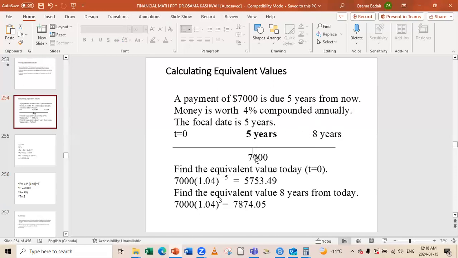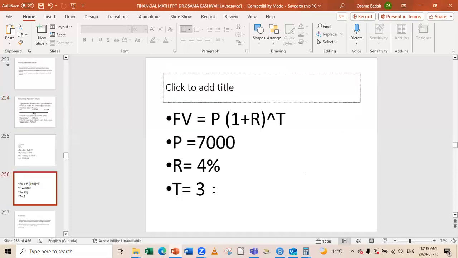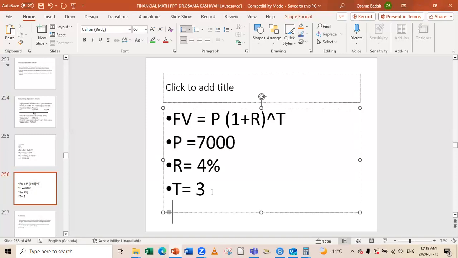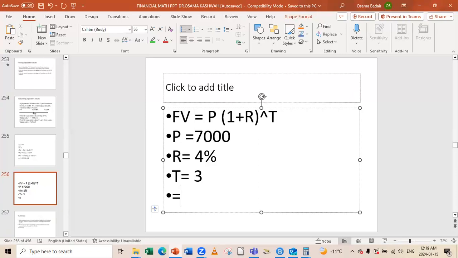Now we'll consider this 7,000 as an example. Forget about the first demand. Now I'm giving you 7,000 and I want the future value of this 7,000 after 3 years. So now I can substitute in the formula: 7,000 multiplied by 1.04 to the power of 3 years.